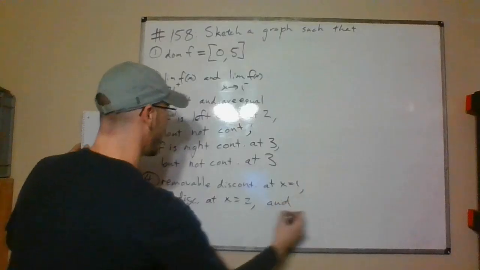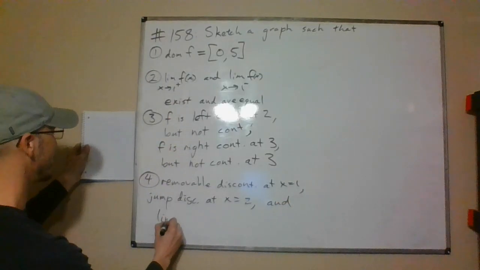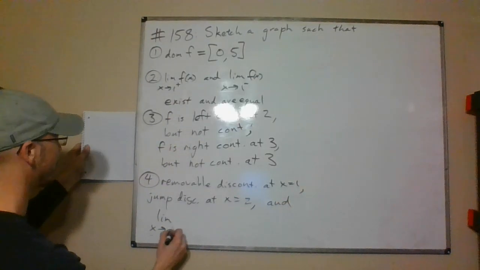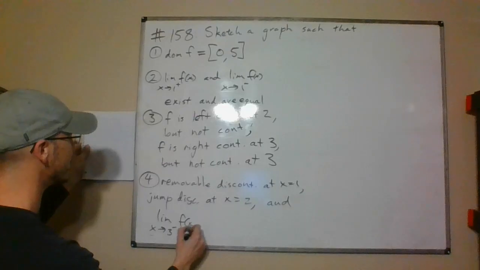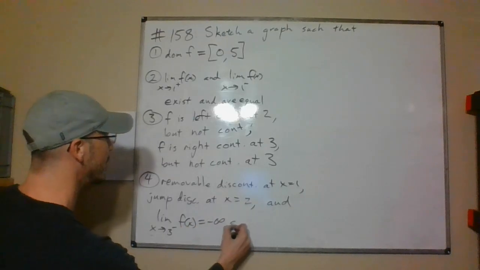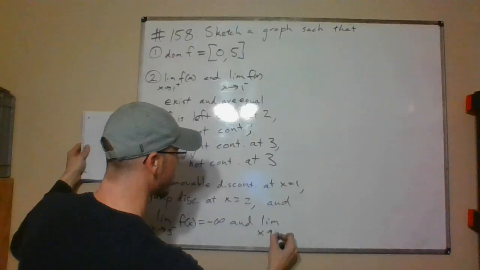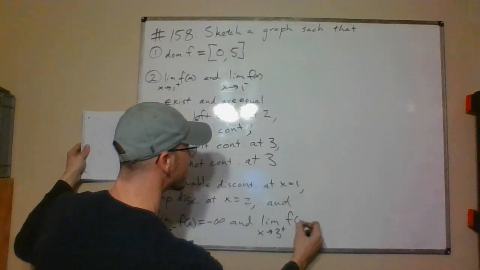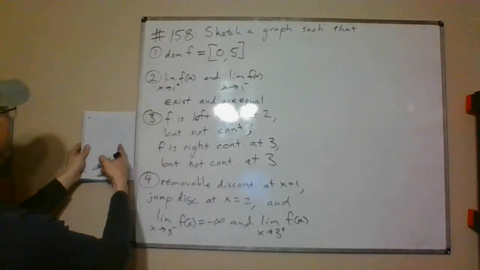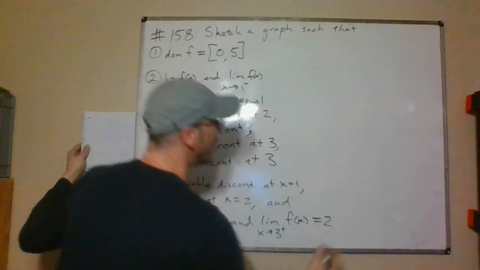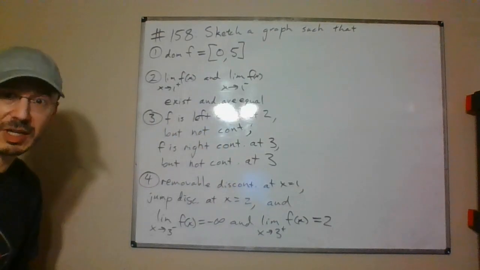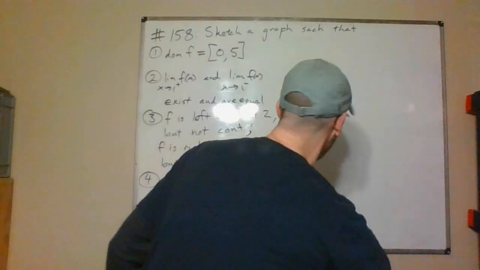And a couple limits here. The limit as x goes to 3 from the left of f of x is negative infinity, and the limit as x goes to 3 from the right of f of x is 2. Wow, that's a lot of conditions.